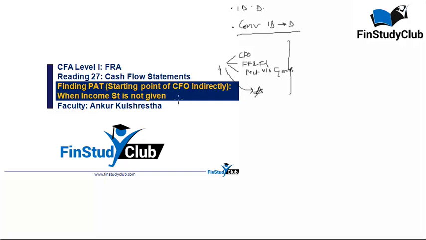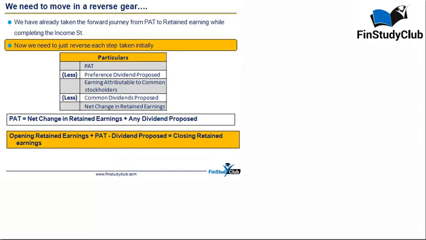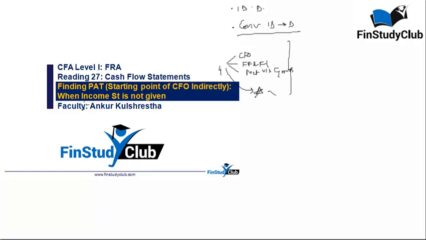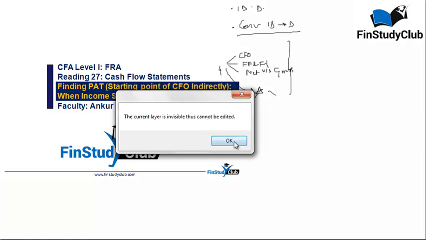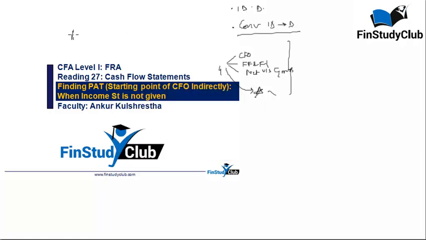So really I am at the fag end of cash flow statement and almost like wrapping it up with this concept. Let's try and understand what we are trying to say. In an indirect method, one of the most critical points is the PAT, which is the starting point.